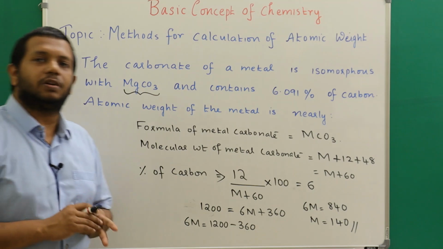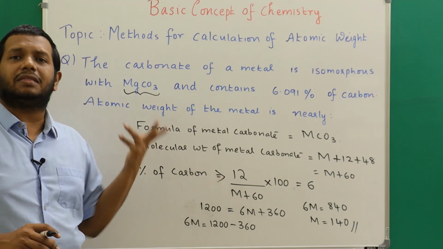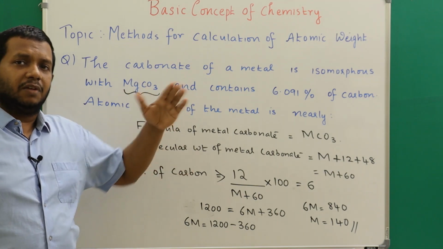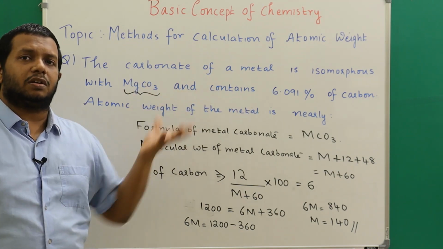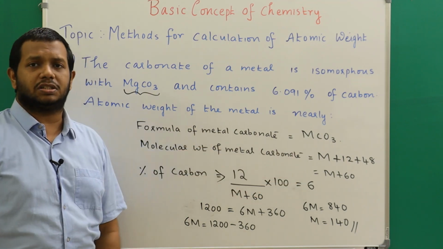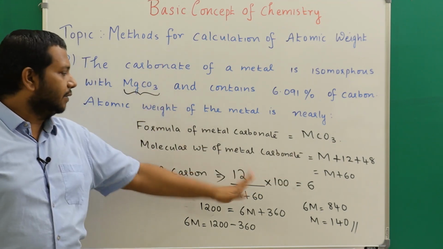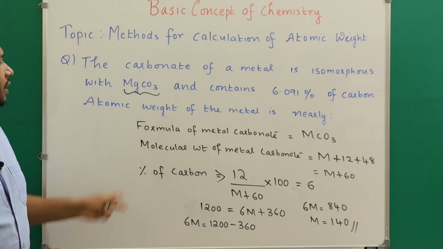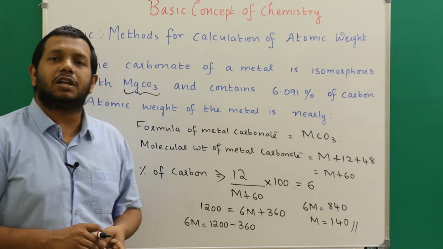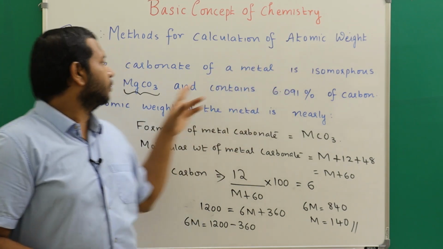I hope you understood. Here we have applied the basic concept: the percentage of an element is equal to the mass of that particular element divided by the total molecular mass of that compound, multiplied by 100. This we have learned earlier. The same concept I have applied. The only thing here is the formula of the metal carbonate. I derived it as MCO3 because it is isomorphous with MgCO3.